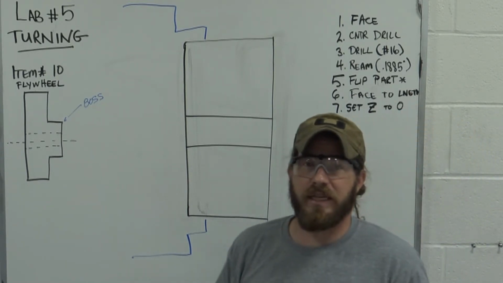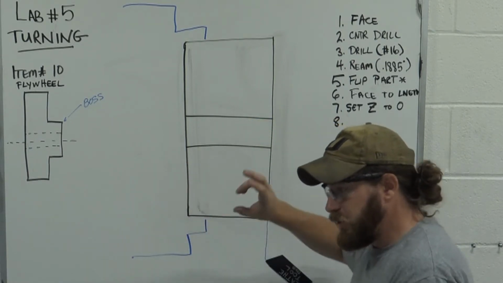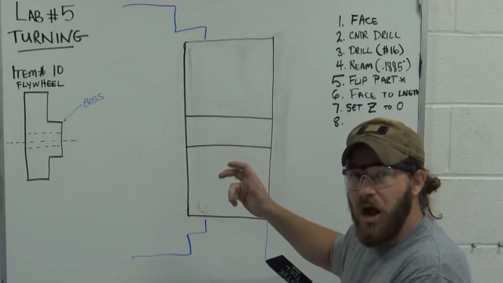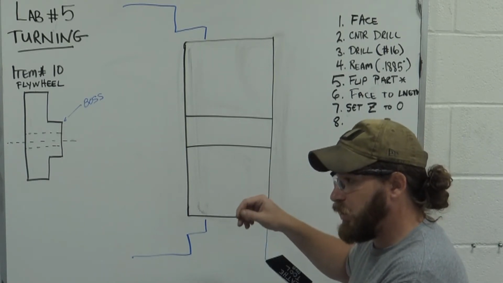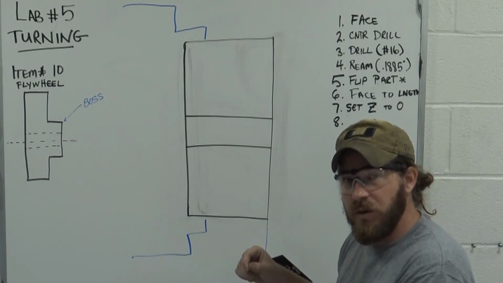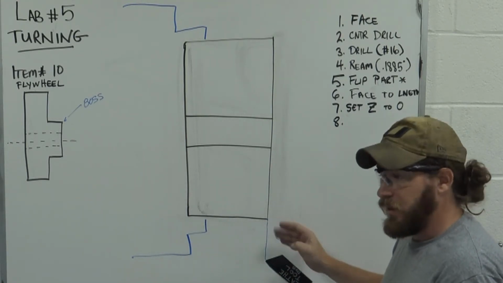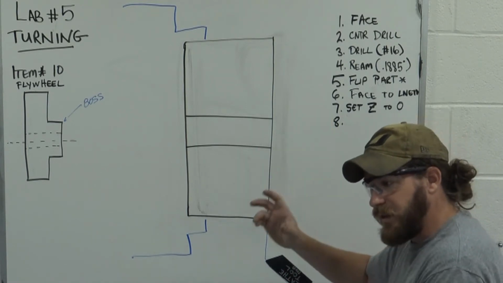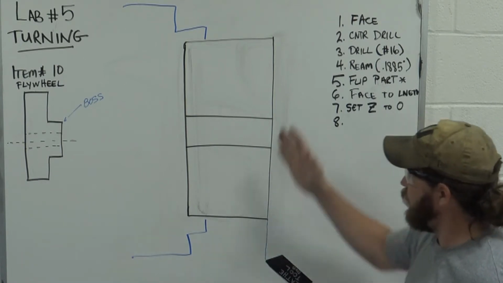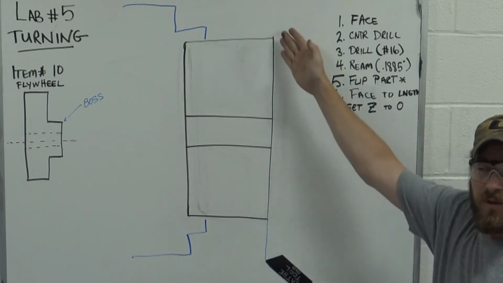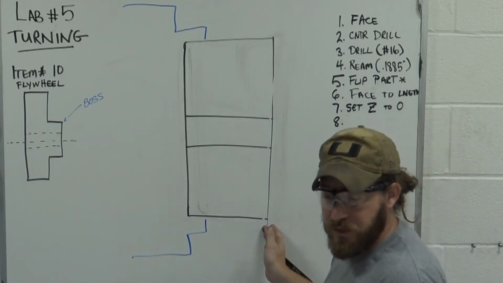What do I mean by setting my Z to 0? What I mean is we're using the top compound dial, right? And we're making it shorter, all right? And once we've got it down to the right length, we want to set the dial to 0. And what are we doing? We're creating this front face, which now becomes a datum from which we can start referencing, right?